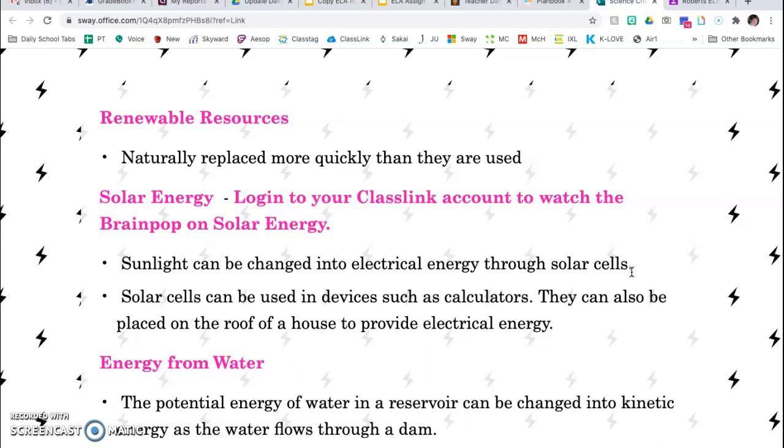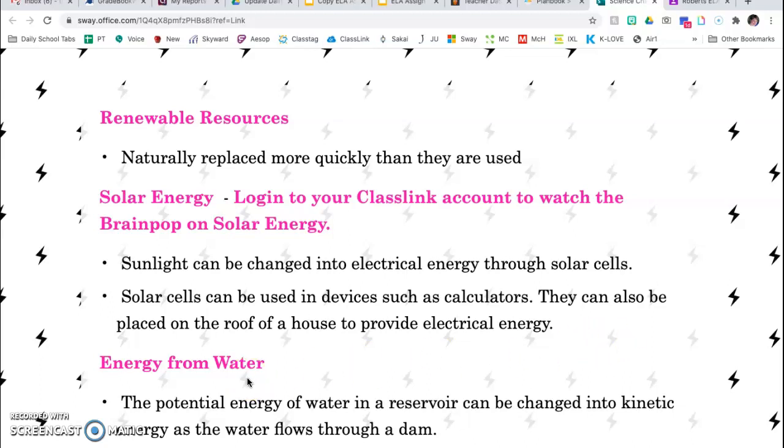Solar cells can be used in anything from calculators to supplying energy for a whole house. You may see solar cells on people's housetop roofs to help them generate electrical energy. Problem, the sun has to be out, and then you have to have a way to store it up to use later.